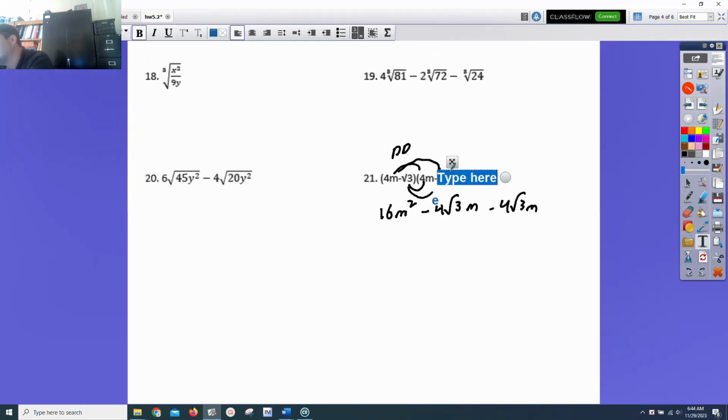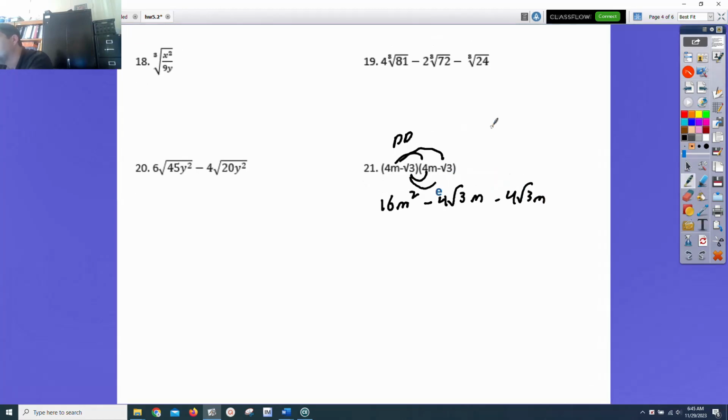And then negative root 3 times a negative root 3 is going to be plus 3. Because if you multiply a radical by itself, you get the number inside. And we get 16m squared minus 8 root 3m, because negative 4 and negative 4 is negative 8. And we get a plus of 3. So it's not too bad. I don't think it's too bad.